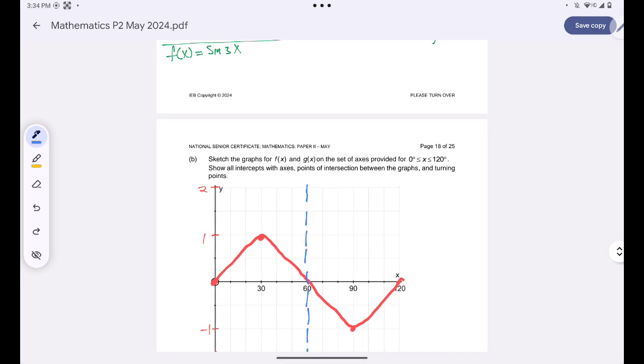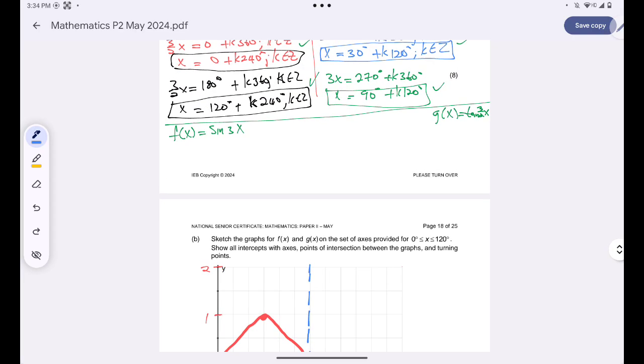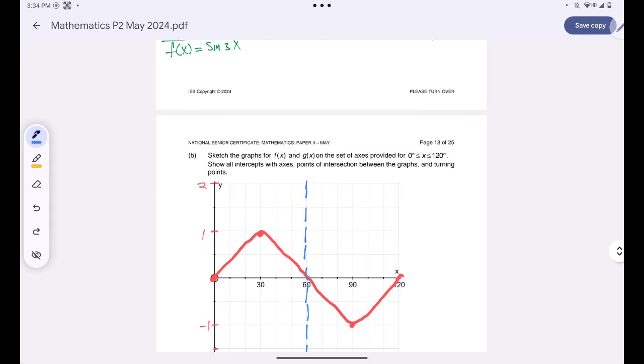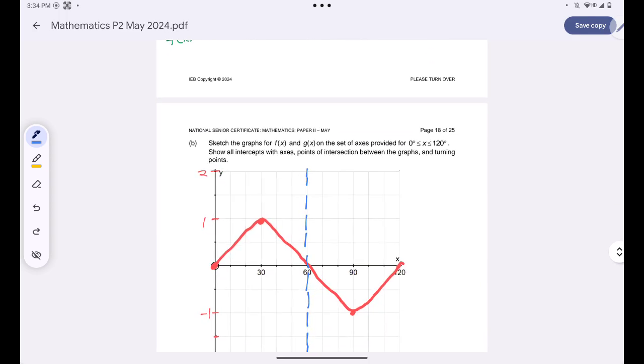But remember that initially we did calculate the x-intercepts, right? And one of them was 30 degrees, and the others were 120 and 90. So my graph will look like this. It will cut here at 120 degrees and go upwards like that.